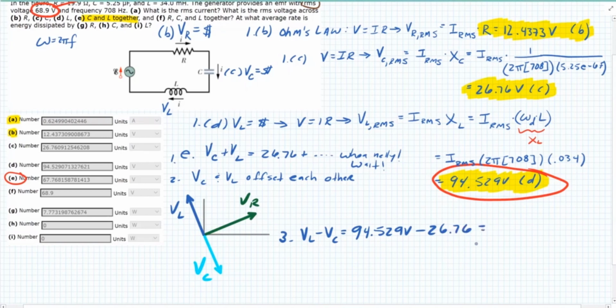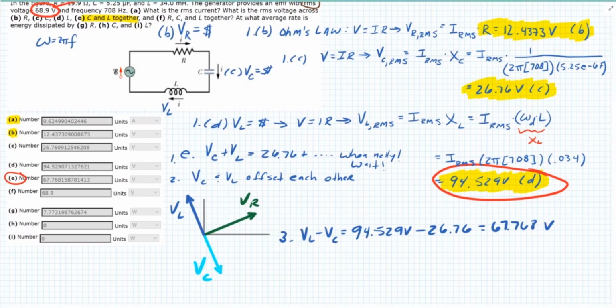When I sum those together, this is what I'm going to get. 94.529 minus 26.76, or 67.76 and some change. 67.768 and some change volts.